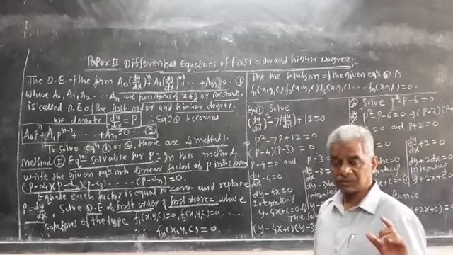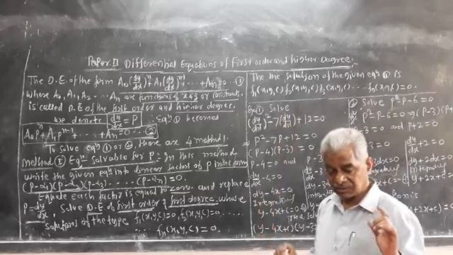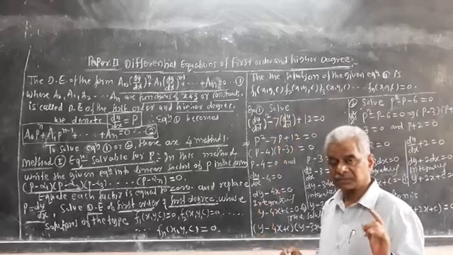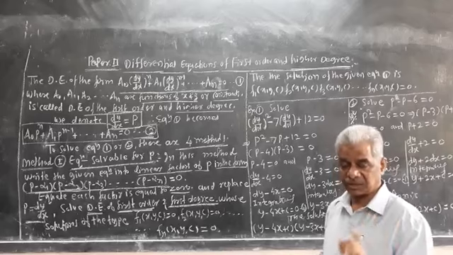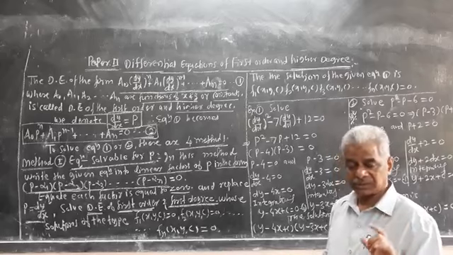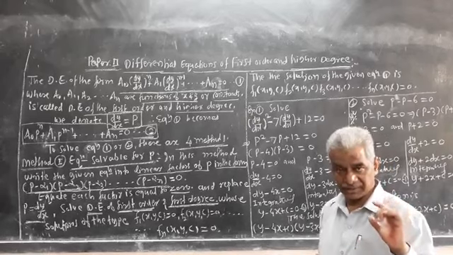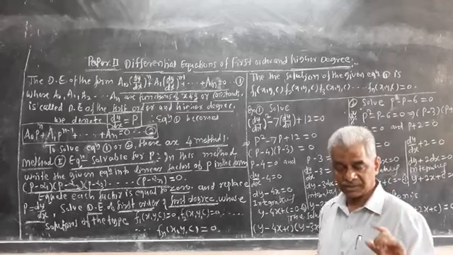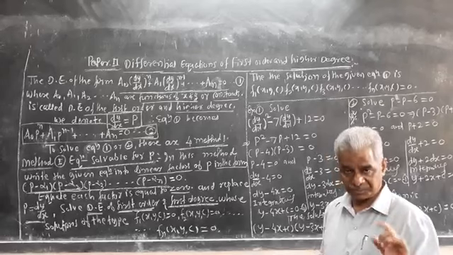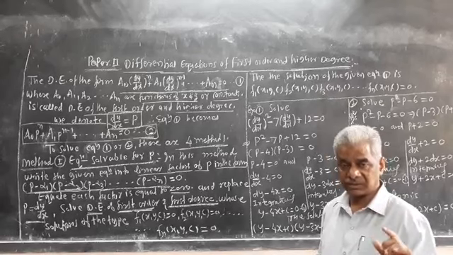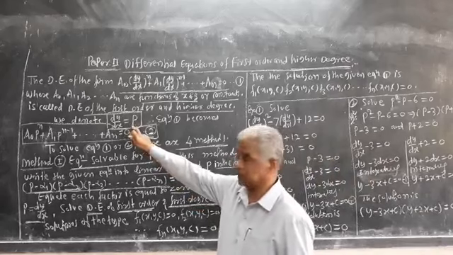To solve such a type of equation, in general the very first step is that if the given equation is in terms of dy by dx, then first we convert it in terms of p by using this notation.